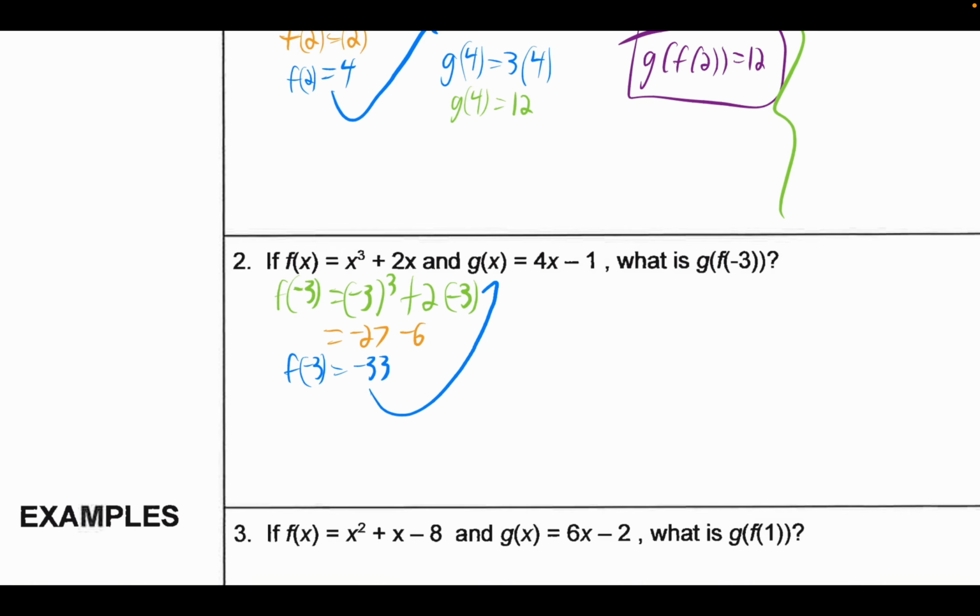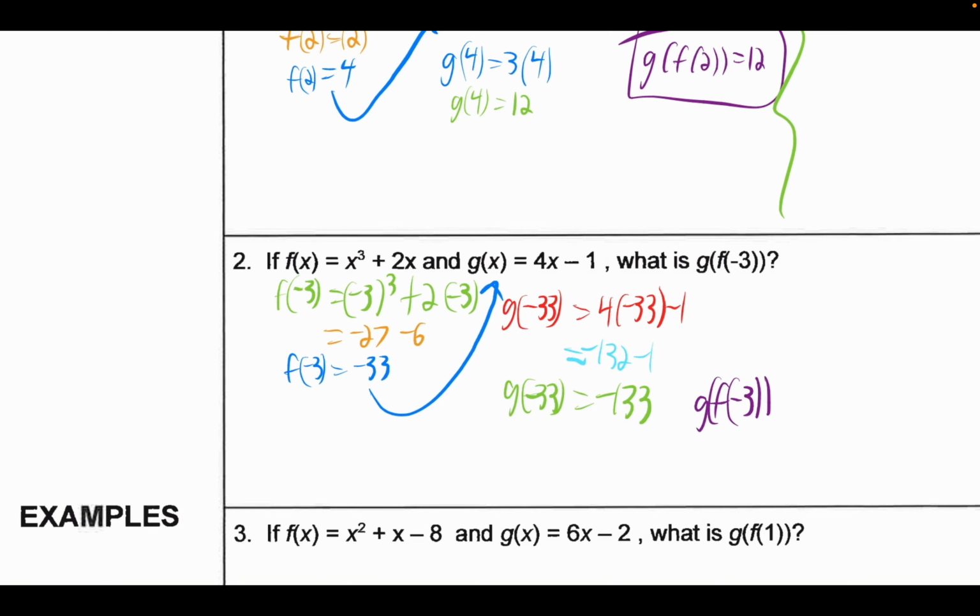So now I take that result, plug it into g of x, and so g of -33 is equal to 4 times -33 minus 1. And so that's -132 minus 1, which means that g of -33 is -133. So g of f of -3 is equal to -133.